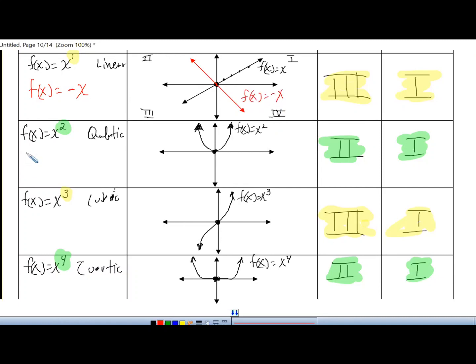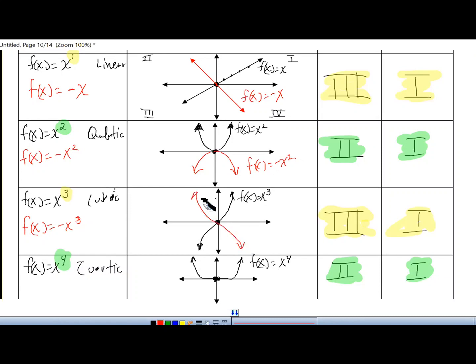So if that's same for that, what would it do to this one again? Negative x squared. Again, it flips. So we do the upside down. So this is f of x equals negative x squared. Same thing with this one, f of x equals negative x cubed. It does what? It flips. So instead of starting at the bottom from left to right, it can start at the top from left to right.